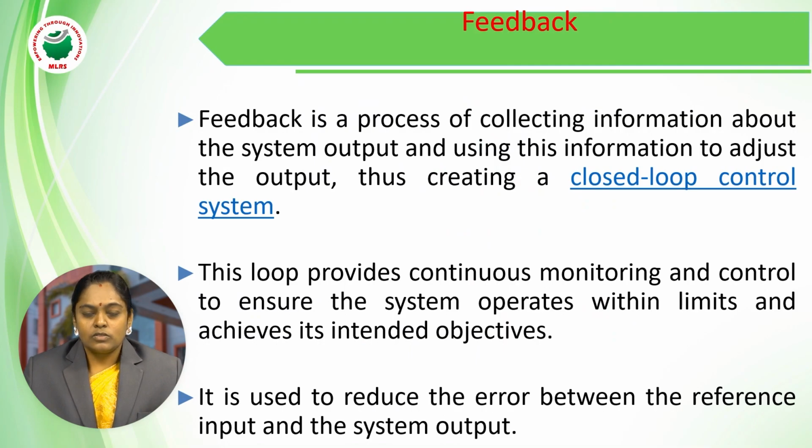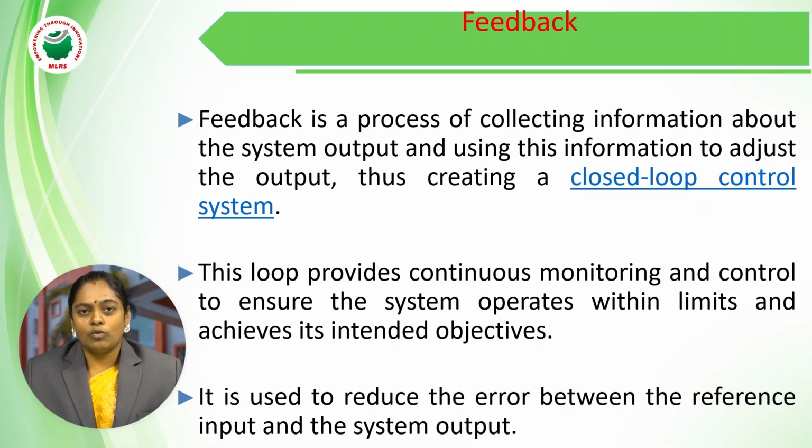A feedback is a process of collecting information about the system's output and using this information to adjust the output. So in feedback, we are collecting information about how the system works.